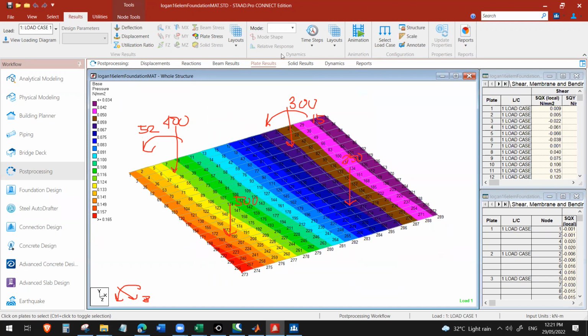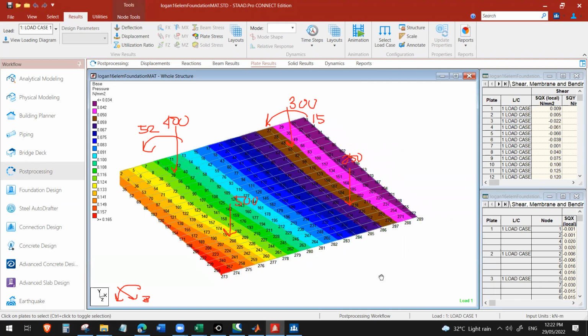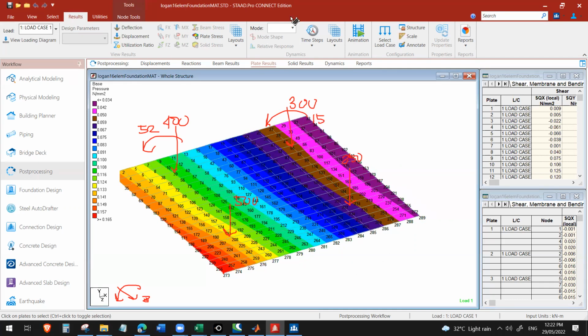So the soil can really take the loading. Check this too, and make sure you don't exceed the allowable base pressure or bearing capacity. Basically, those are the two serviceability requirements you need to satisfy.